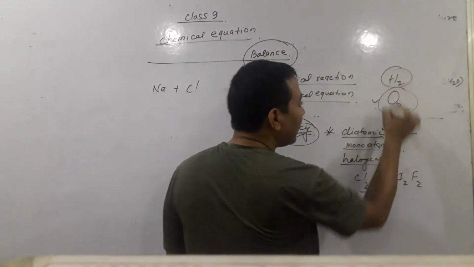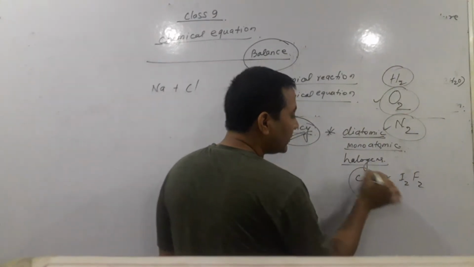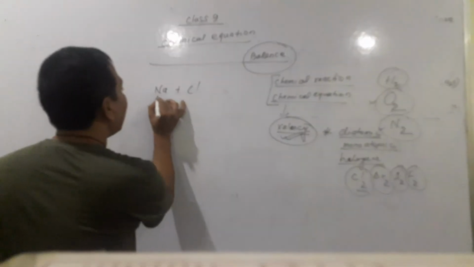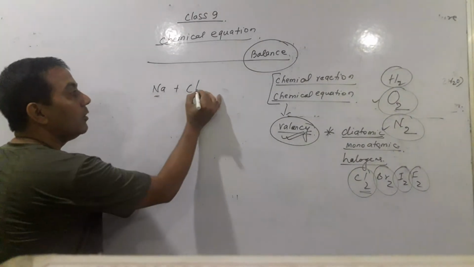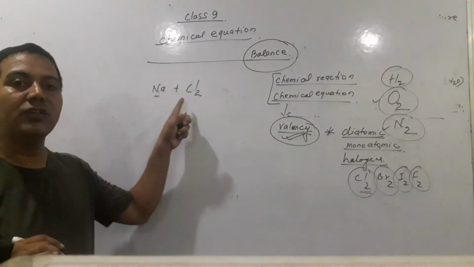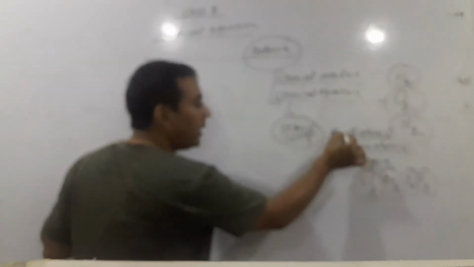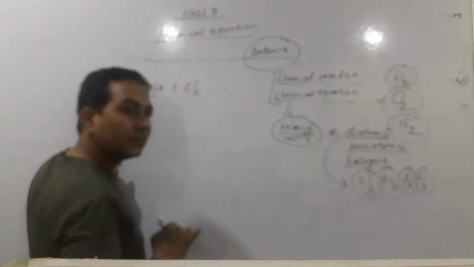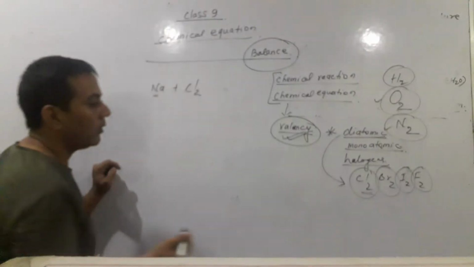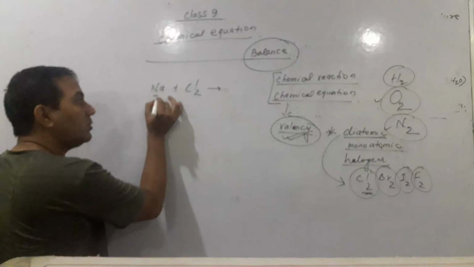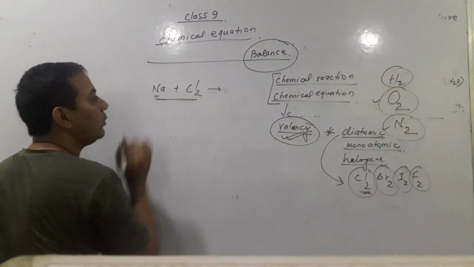So while doing the reactions, you cannot write like this. You have to write Na plus Cl2. Why Cl2? Because chlorine is a diatomic element. Okay? Chlorine is diatomic, therefore we have to write this one. So this should be known to you.